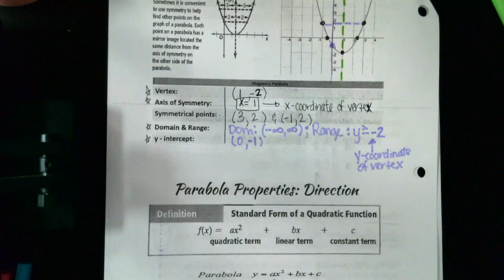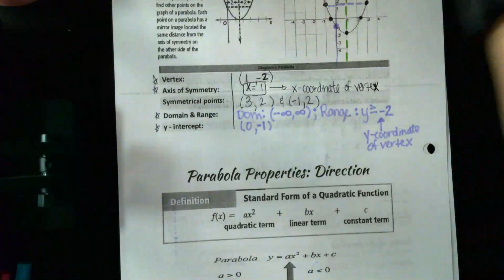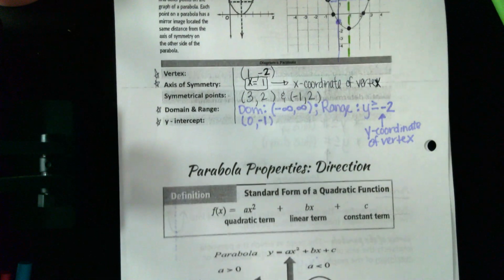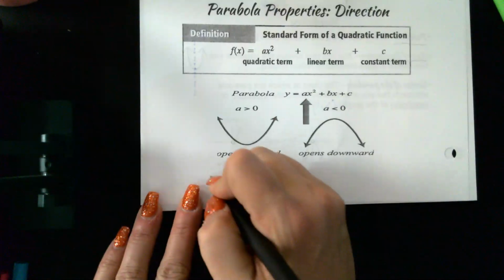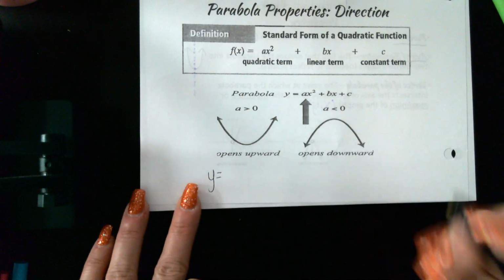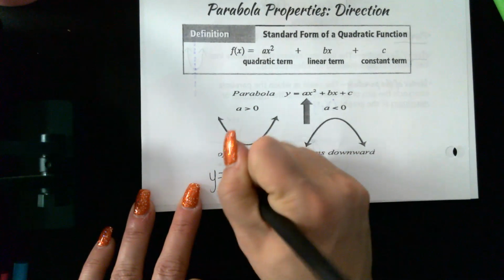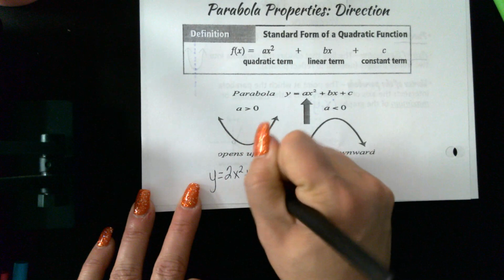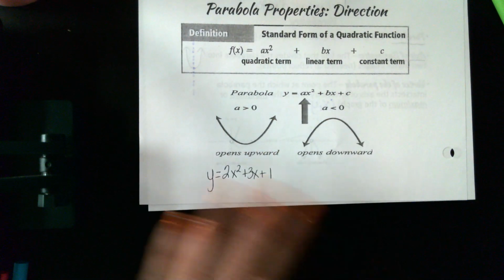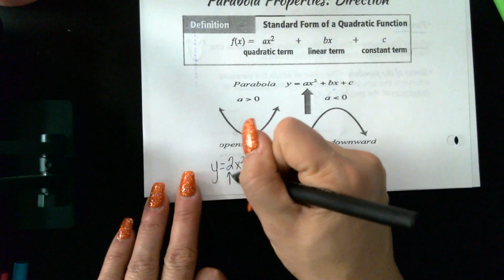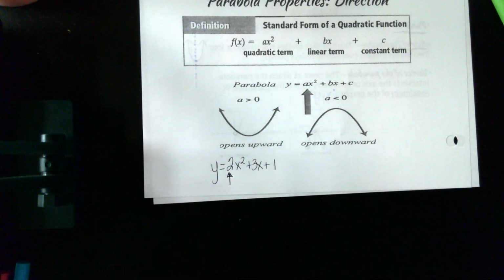And then really the only other thing on this set of notes that's of importance is down here at the bottom. If I were to give you a quadratic, I'm totally going to make these up, okay? So if I said y equals 2x squared plus 3x plus 1, see how this first number right here is positive?